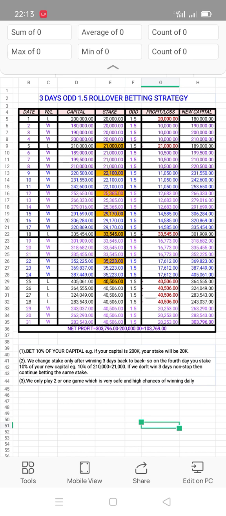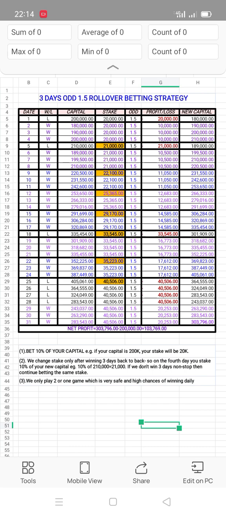For 3 days rollover, you must win 3 days non-stop. After winning 3 days non-stop, the 4th day you change your stake. Okay, now let's go to the table. We are saying our strategy is 3 days odd 1.5 rollover.